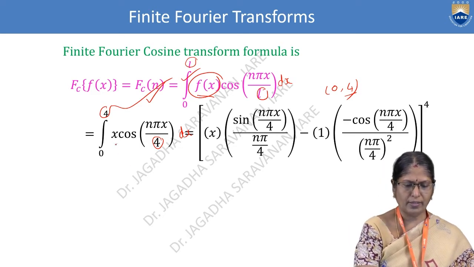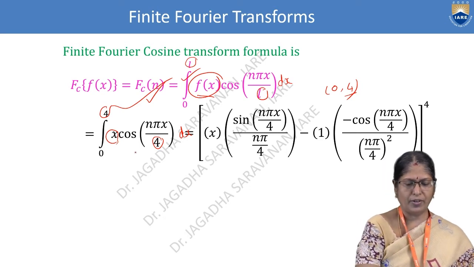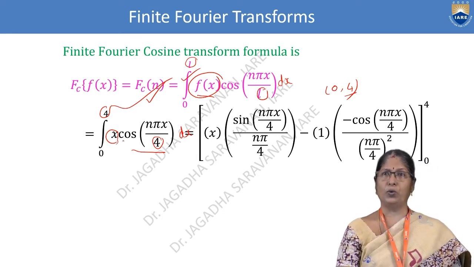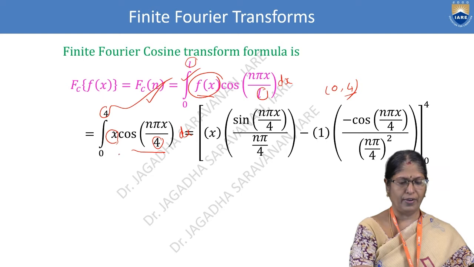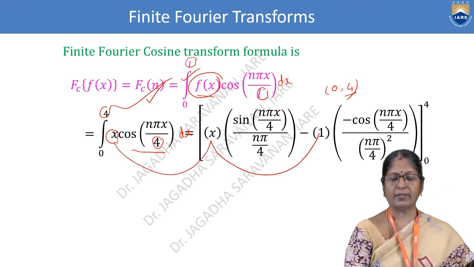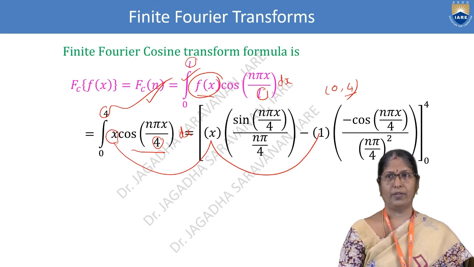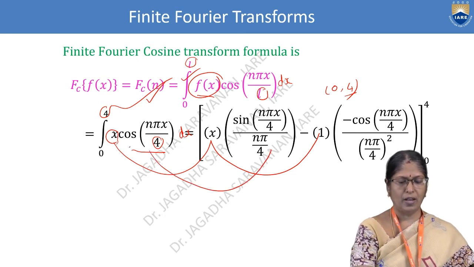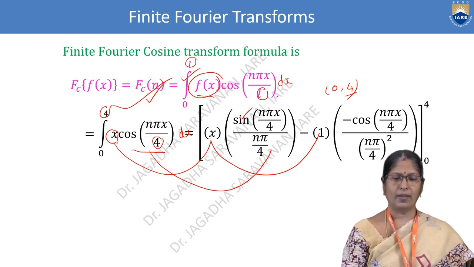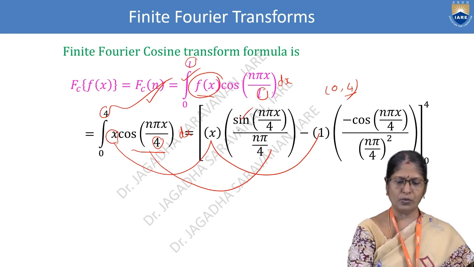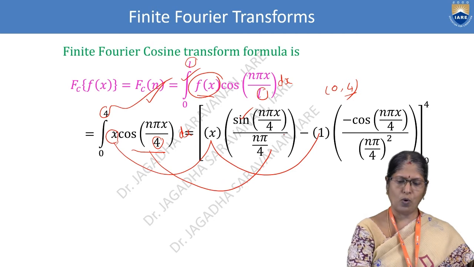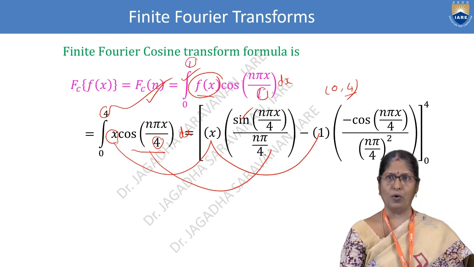Now in this, the algebraic part is x and the trigonometric part is cos of n pi x by 4. The algebraic part we will differentiate: x differentiation is 1. The trigonometric term we will integrate first. The integral of cos is sine of n pi x by 4, divided by the coefficient of x, n pi by 4.